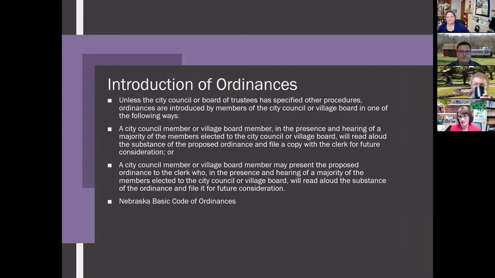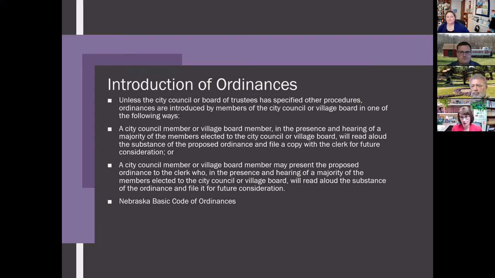The first is the introduction of ordinances, and many of you out there may be chuckling about this slide, and I get it. This comes from our basic code of ordinances, and this outlines a pretty formal process about how you introduce your ordinances. Basically, your city council member or village board member at a meeting is going to say, I have an ordinance, or they're going to pass it to their clerk, and the clerk is going to propose the ordinance and file that copy.